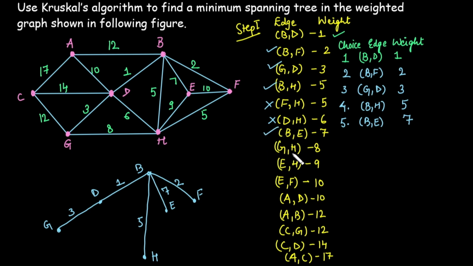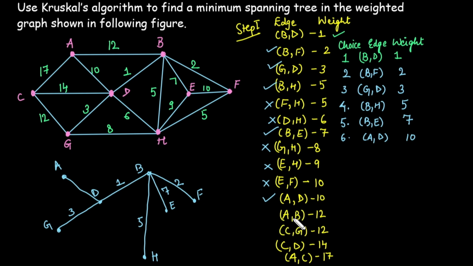Now can we include GH? No, because it is again creating a circuit. EH? No. EF? No. AD? Yes, because it is not forming a cycle. So we can take the next choice AD as a part of the spanning tree.